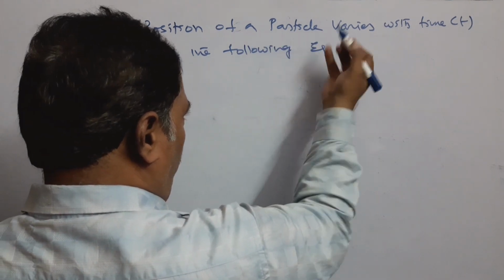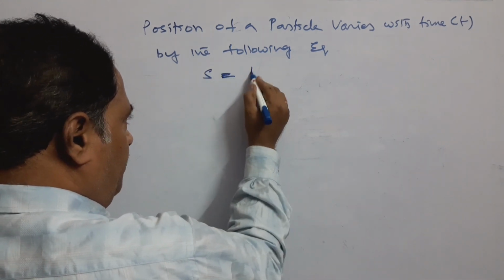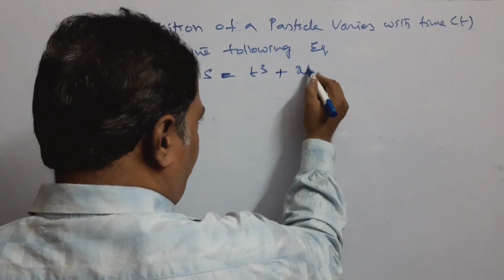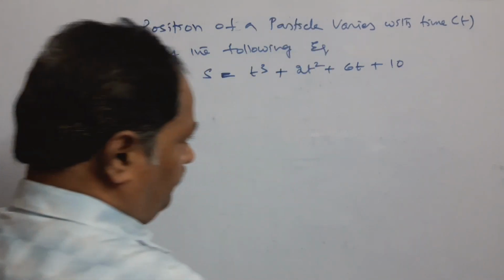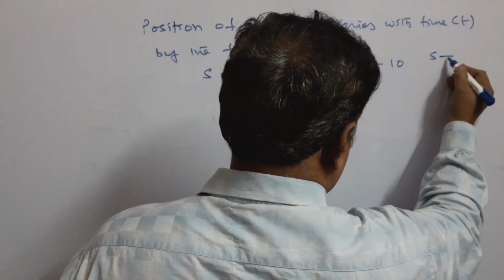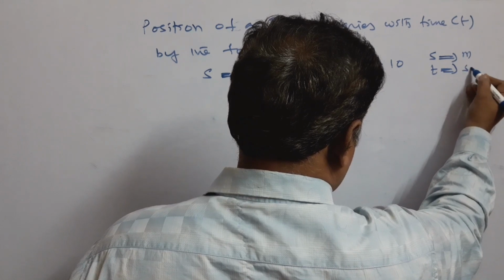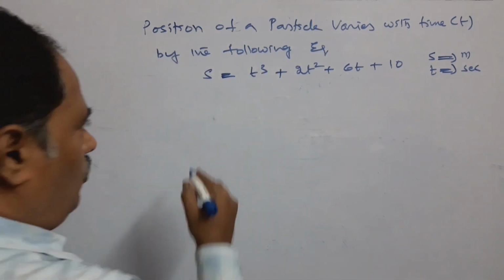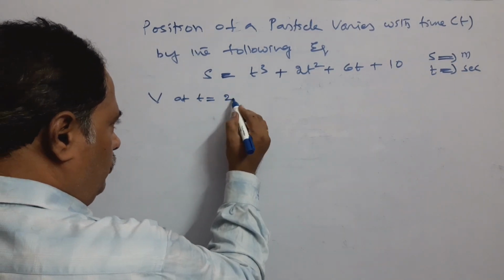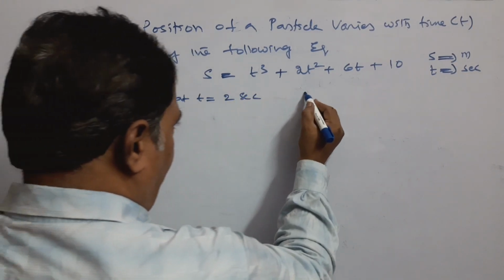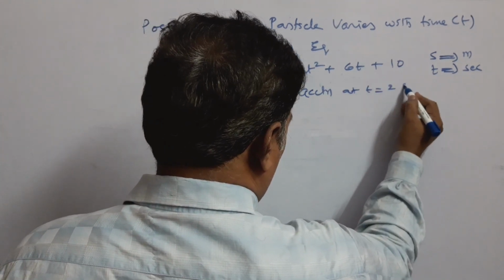S equals t cube plus 2t square plus 6t plus 10. S is measured in meters, t is measured in seconds. Now calculate velocity at t equal to 2 seconds and acceleration at t equal to 2 seconds.